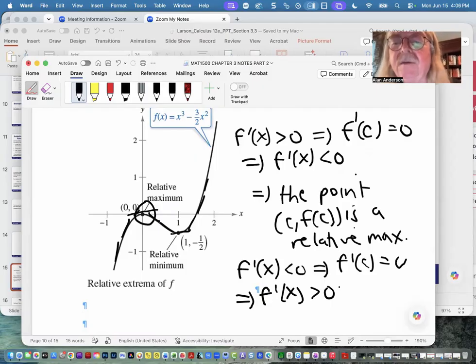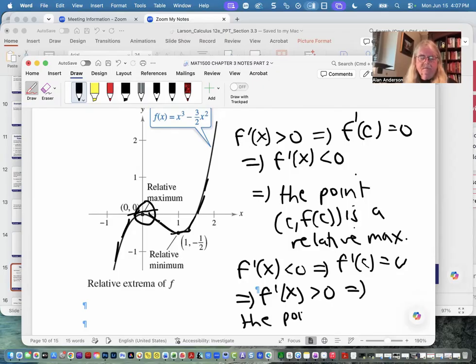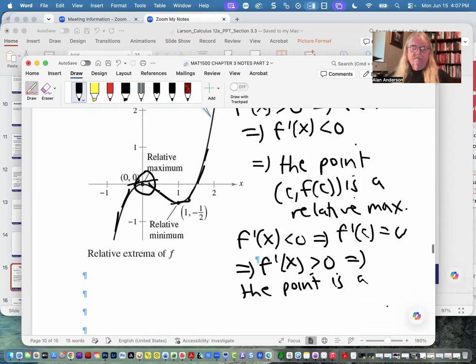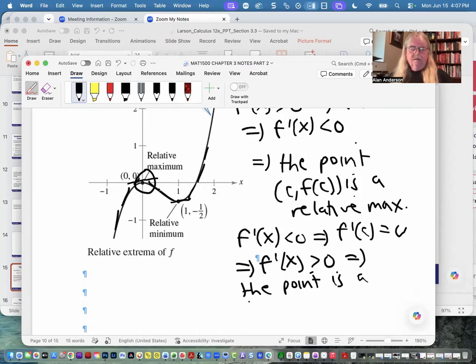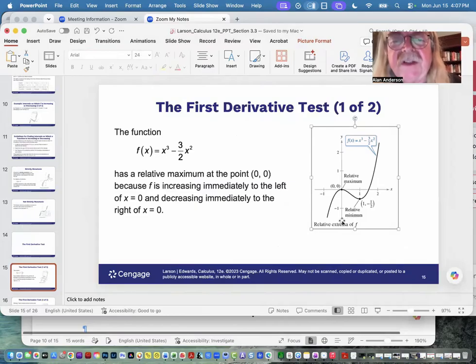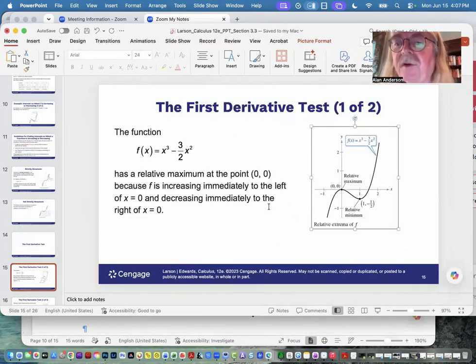Then the point is a relative max, otherwise it's a relative minimum. And then now what you're seeing here is referred to as the first derivative test. The first derivative test to identify maxima and minima.